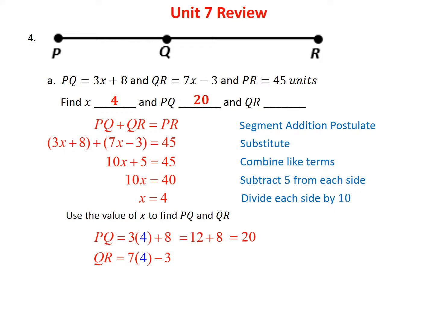Likewise, QR is 7 times 4 minus 3, or 28 minus 3, which is 25. The great thing about these problems, particularly on a test, is you can check to see if they're right. Do those two actually add up to 45? Yes, 20 and 25 equal 45, so we know we got this problem.